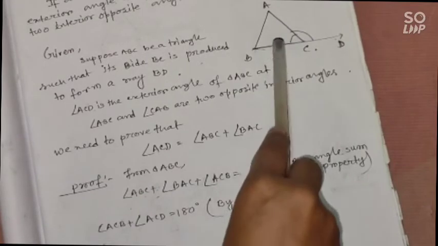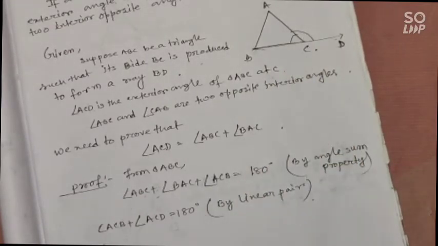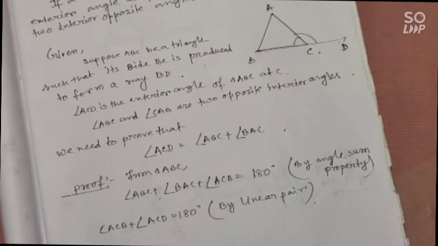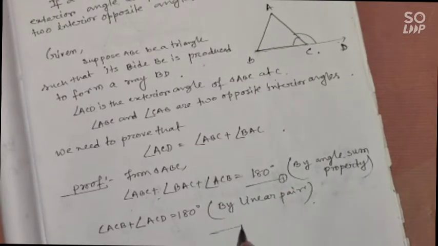You know that in a linear pair, the sum of two angles is 180 degrees. So this is equation number 1, and this is equation number 2.